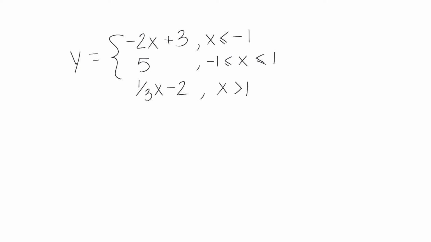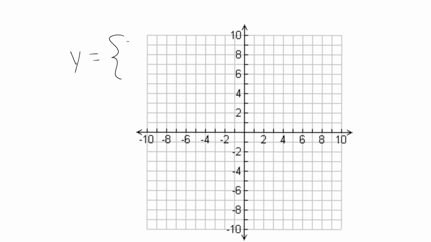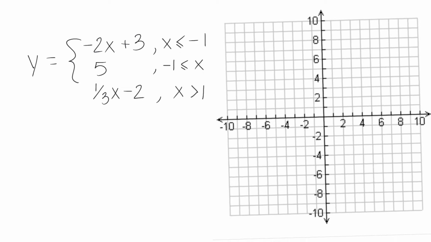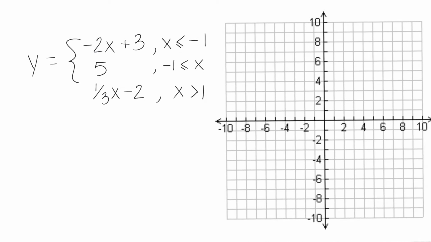So we're going to graph this and we're going to see what this looks like. And these graphs, they get wild and it's totally okay. We're not going to worry about it. The first thing I like to do is look at where my important invisible lines are. So -1's a hot spot.